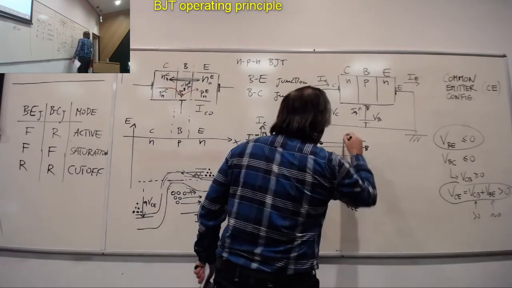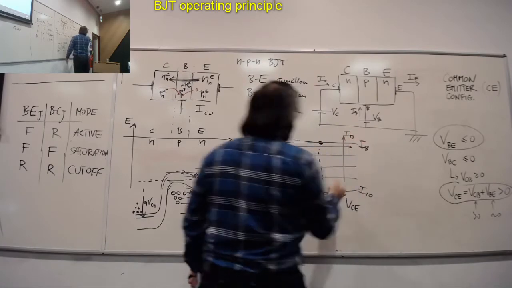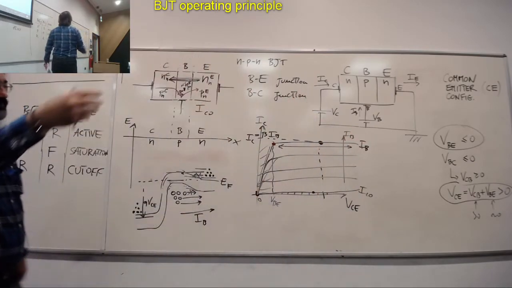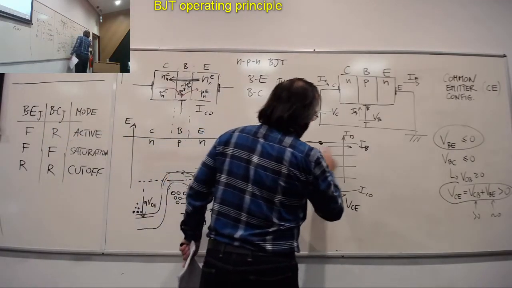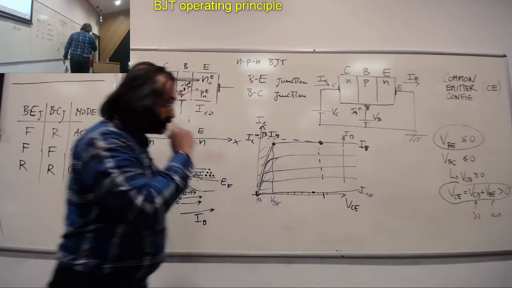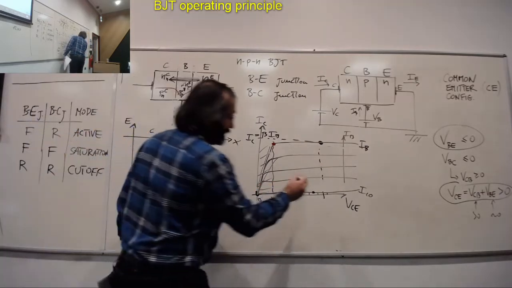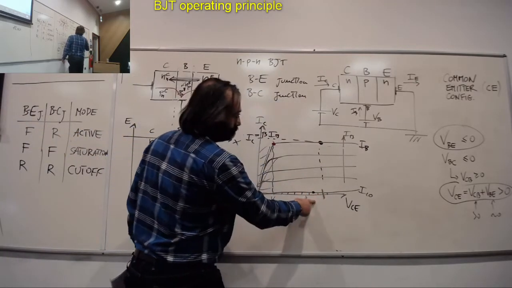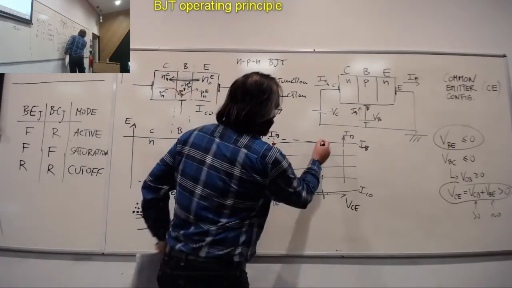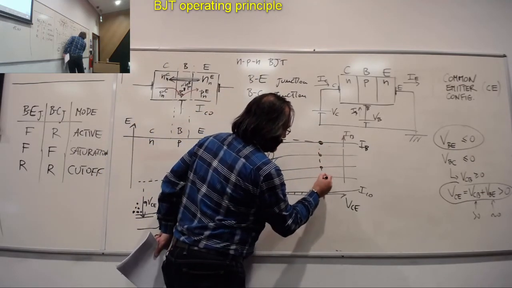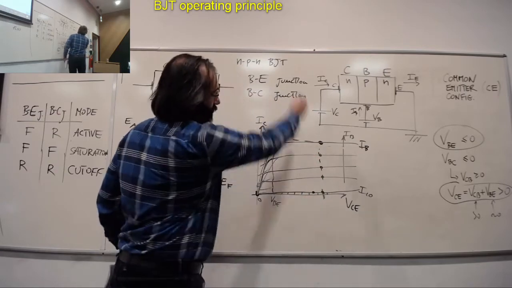Where IB here increases like that. So each curve is related to a value of IB, and when IB grows, also the corresponding IC grows. Based on what we said, if I fix VCE to a fixed value, by changing IB, I move along this line.